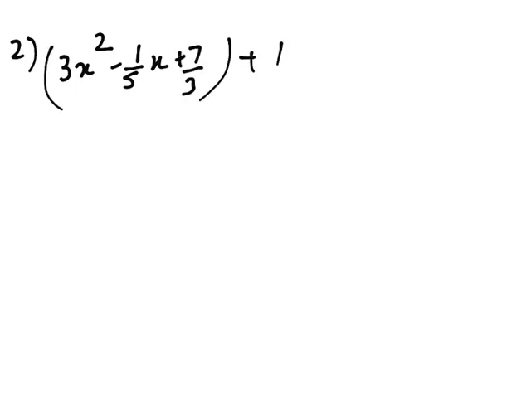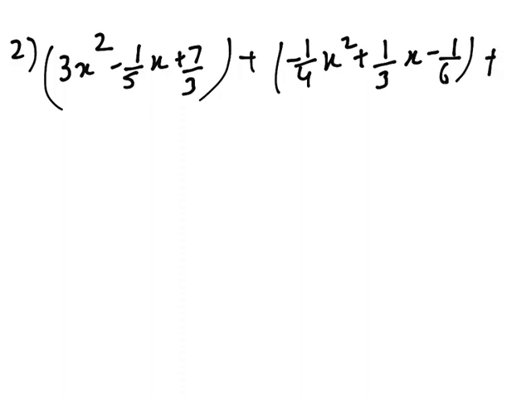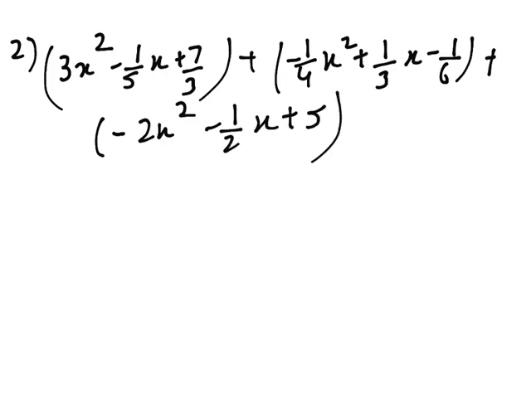Let's take another example. 3x square minus 1 by 5x plus 7 by 3, plus minus 1 by 4x square plus 1 by 3x minus 1 by 6, plus minus 2x square minus 1 by 2x plus 5. So let's start with collecting the like terms.